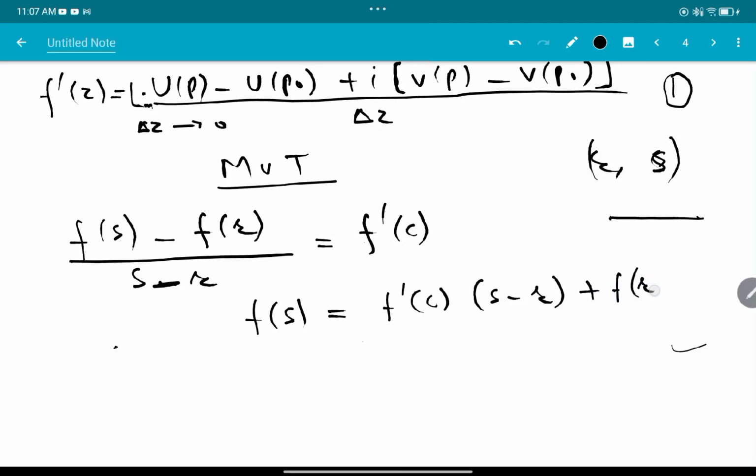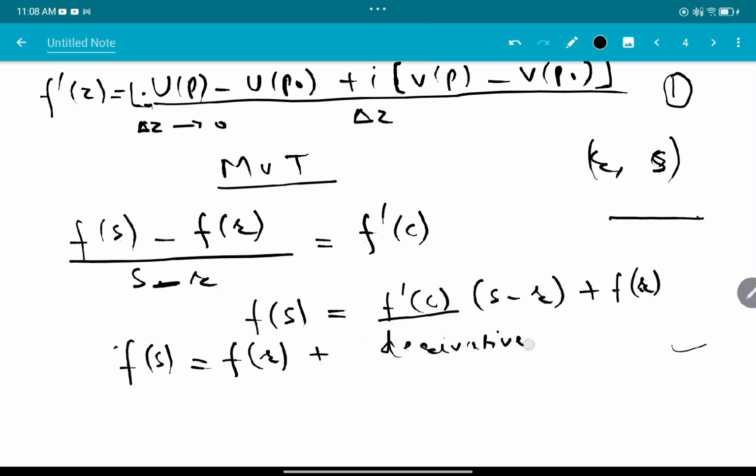Or simply, the final value is equal to the initial value, f(r), plus the actual rate of change, the derivative, into the interval, that is the separation between final and initial. Okay, so this is the situation.